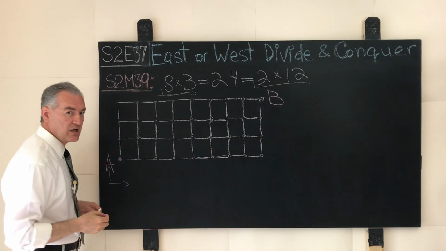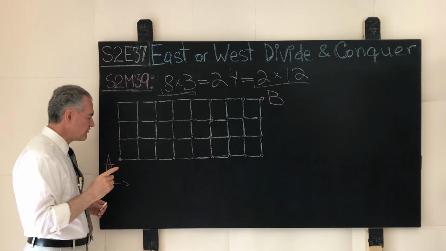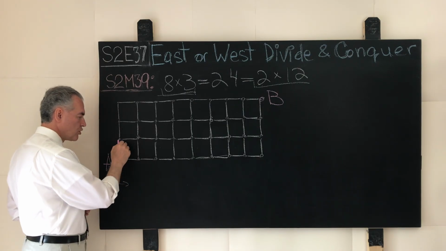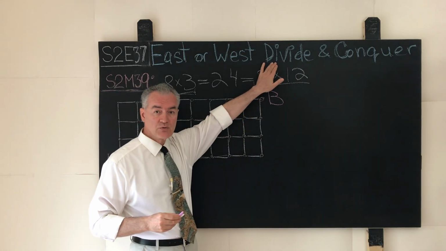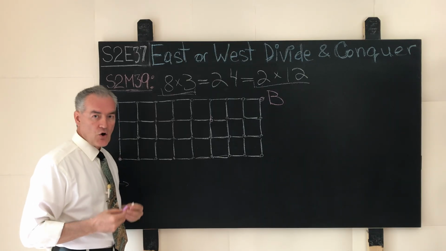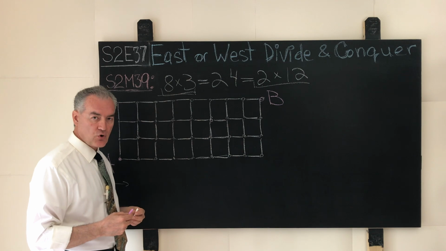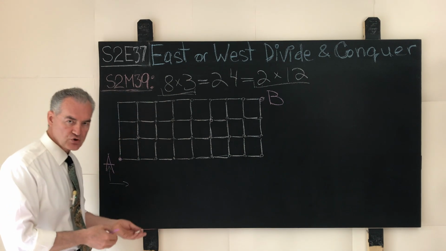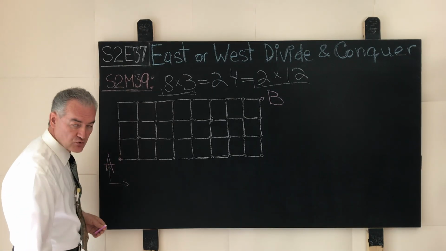And if a solution of one primitive part is one step, either east or north, then the third step of the divide and conquer problem solving approach prescribes what? Find a way to combine all the solutions of all the primitive parts into a solution of the whole. So what does that mean in this case?